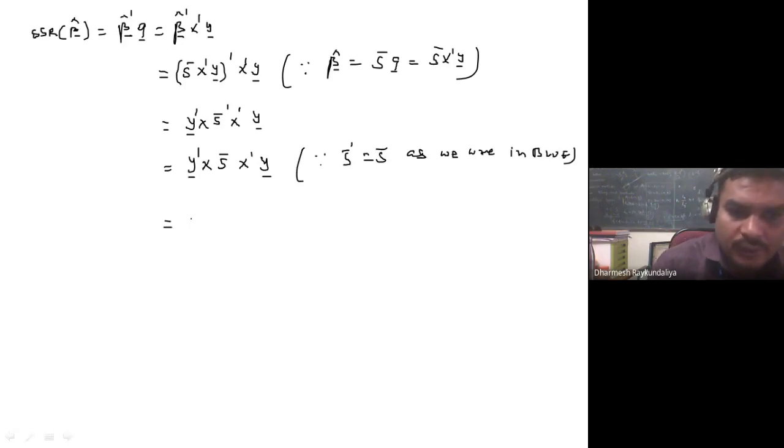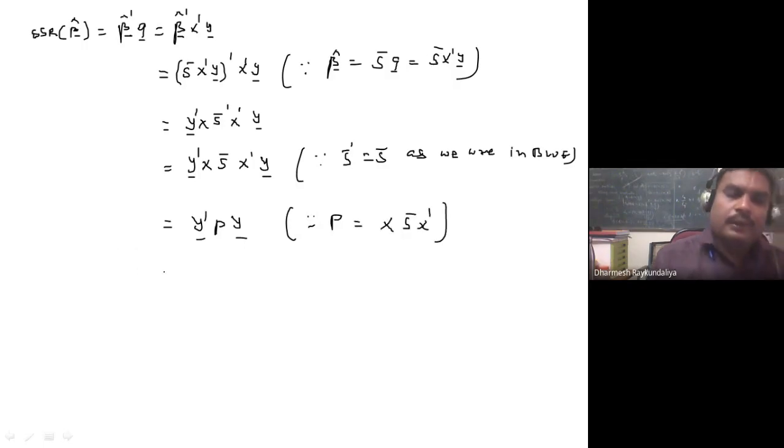So this can be written as Y' P Y, where P is nothing but X S̄ X'. Okay, so SSR can be written as a quadratic form of the observations.